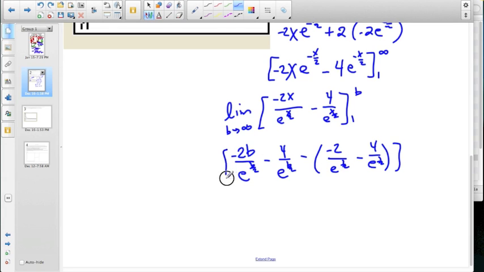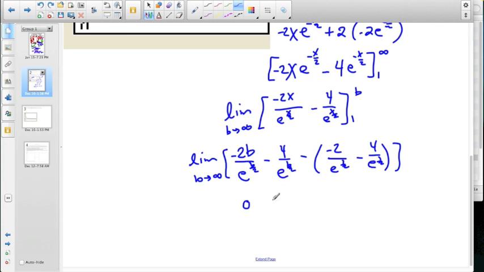So we're taking the limit as b goes to infinity. And so as b goes to infinity, we're taking a look at this. The top goes to infinity. Excuse me, I said that wrong. The top goes to infinity, the bottom goes to infinity, but e to the infinity is much bigger than infinity, so this ends up being basically 0.